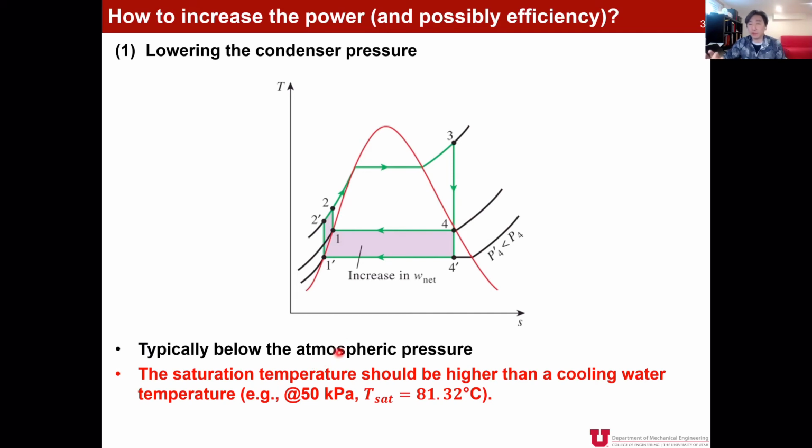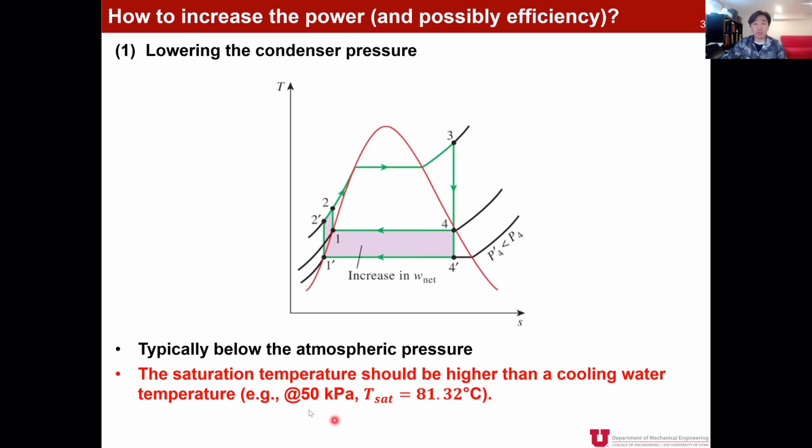But at the same time, if you really think about the saturation temperature and how we reject heat from the condenser to the outside, that saturation temperature, for a lowered pressure, should still be higher than the temperature of the surroundings, like the temperature of a river, a lake, or the ocean, or whatever you have to make use of.